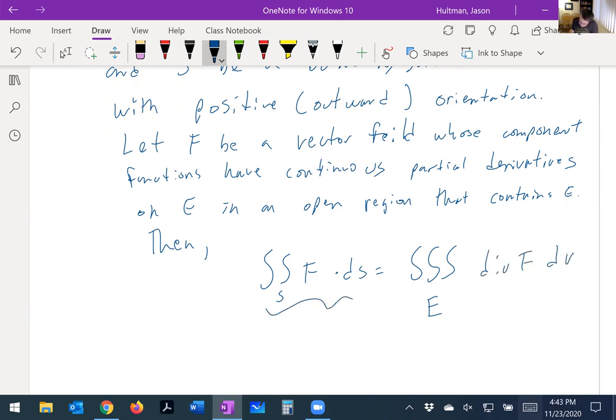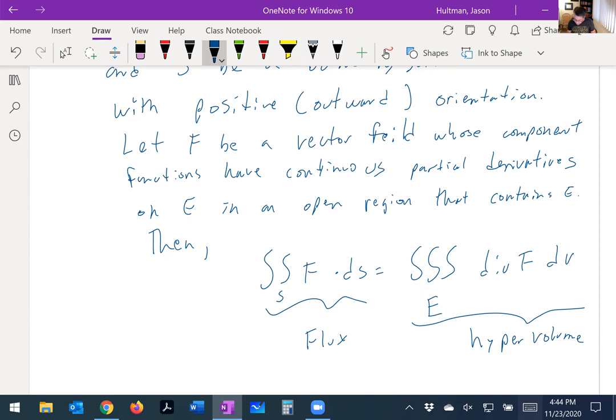Basically, we're saying, look, we're taking the flux to what we would call a hypervolume, hypervolume being one dimension above volume. Fourth dimension.